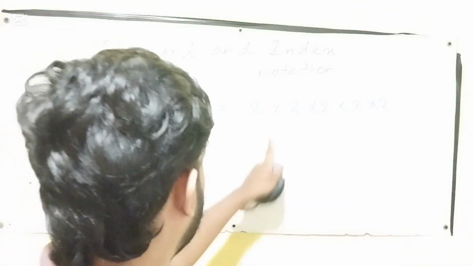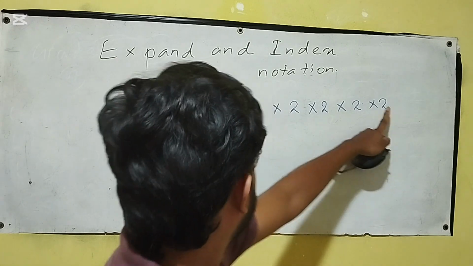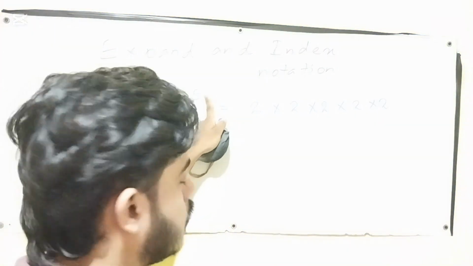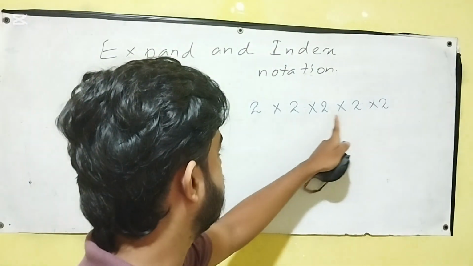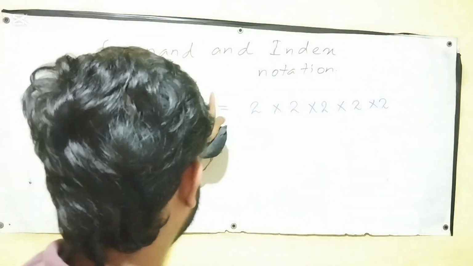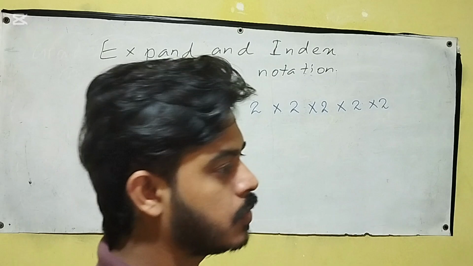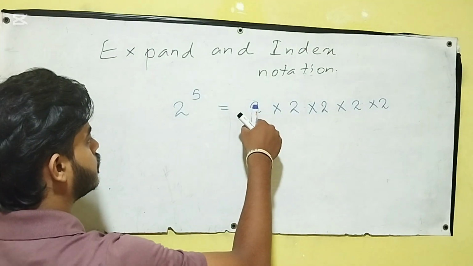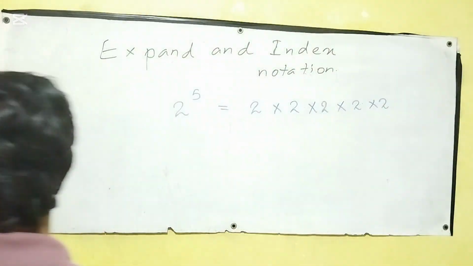Have you understood? 1, 2, 3, 4, 5. This is the index value. Then the base value 2, 2, 2, 2, 2. 2 is the base, and the index value is 5.